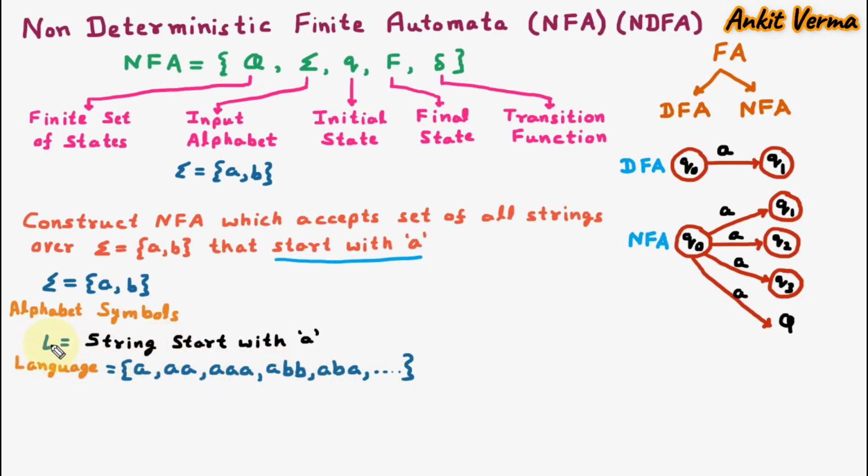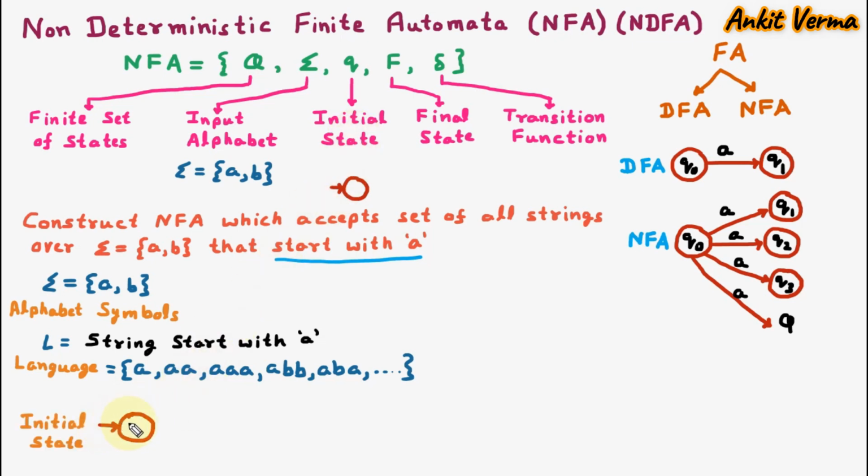For this language, now we are going to construct the NFA. In an NFA, we always have an initial state, and that is represented by a circle with an incoming arrow. So here I am taking a circle with an incoming arrow. This is the initial state or the start state.